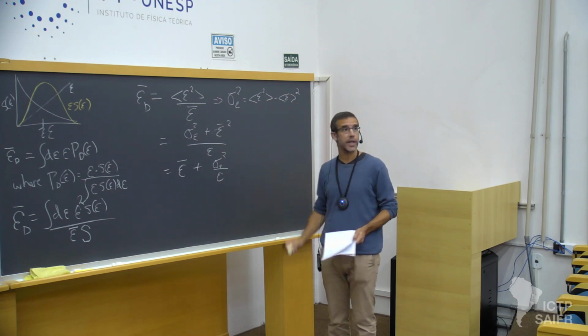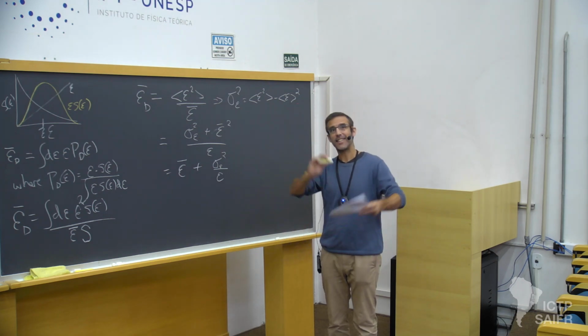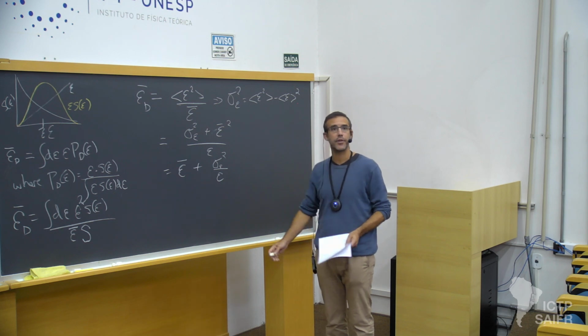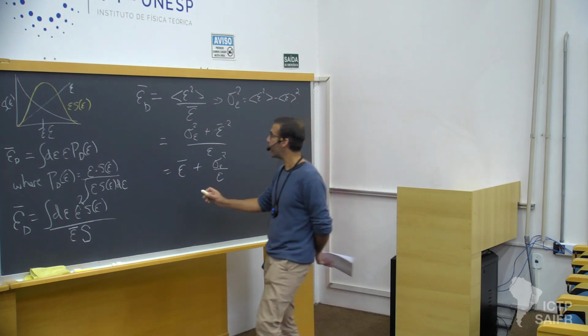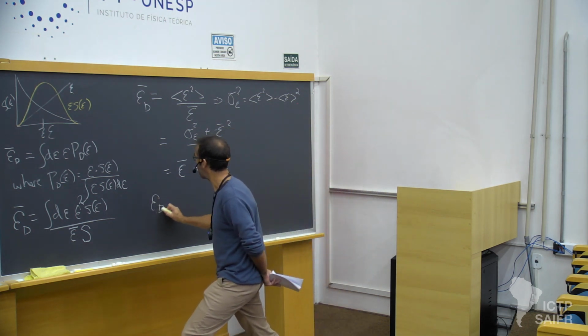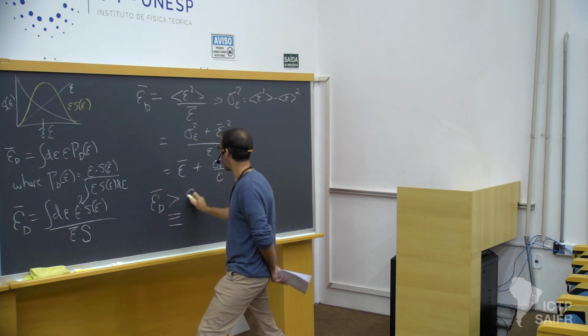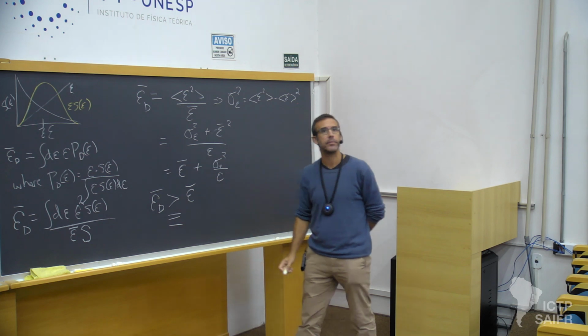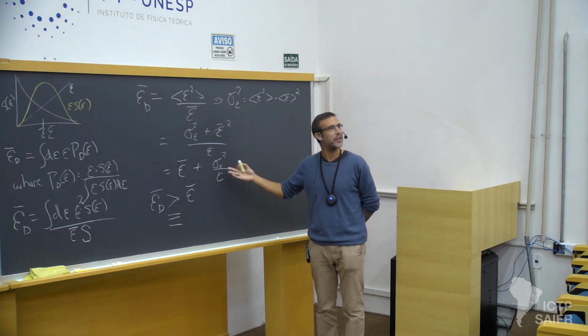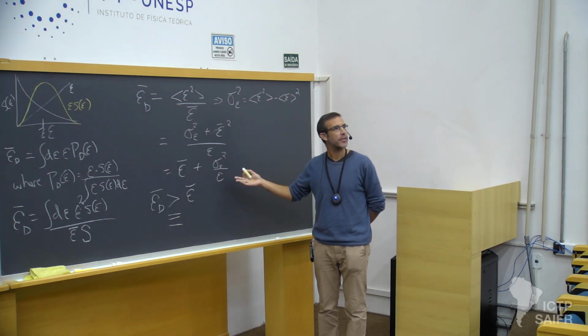Now, this is nice because I haven't even done anything with particular choices of distributions, but I've made the claim that epsilon, the average draw, is going to be greater than the mean. Anytime there's any heterogeneity, we have a variance, right? Strictly positive.